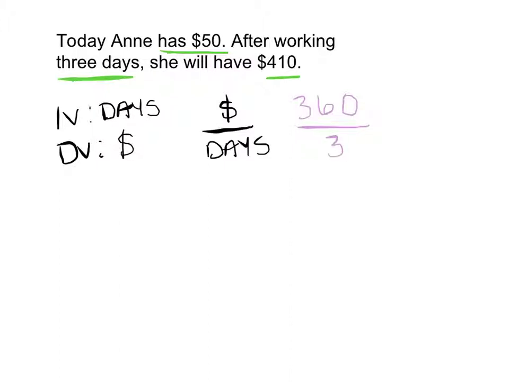So her rate of change is 360 over 3. 360 over 3 is 360 divided by 3. So her rate of change is 120. Now remember, it's money over days, so $120 per day.